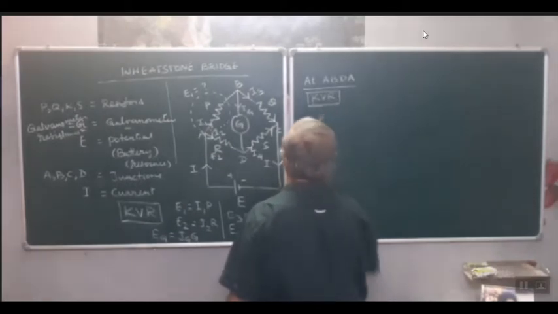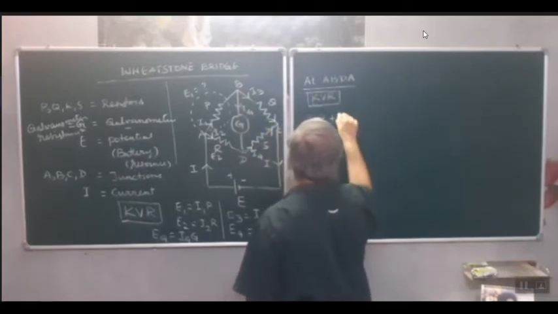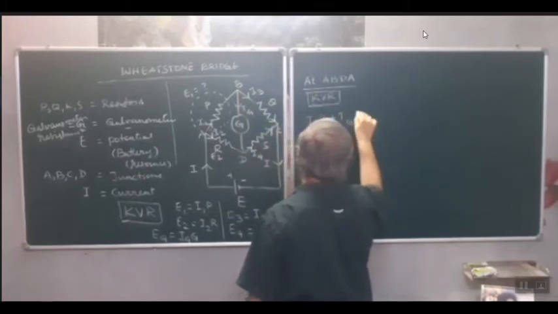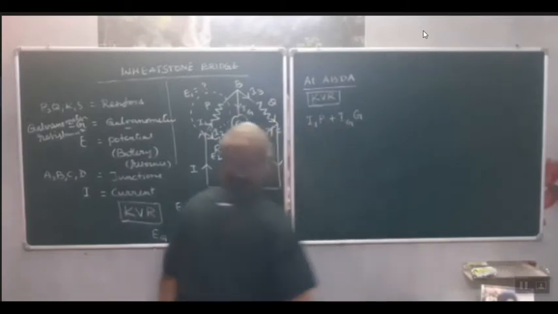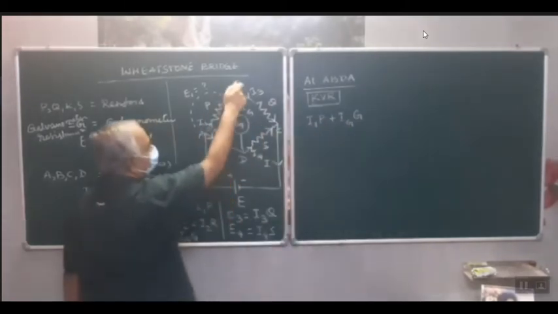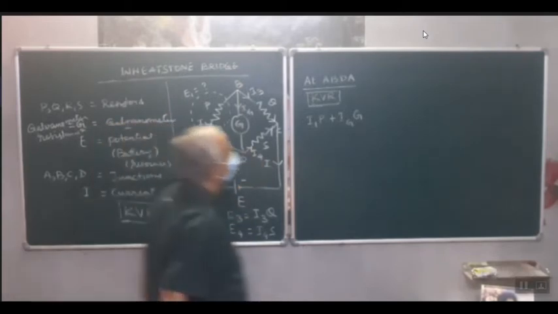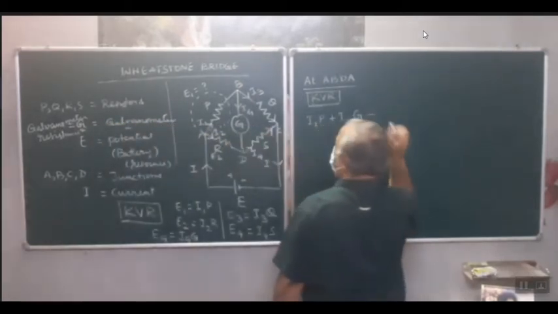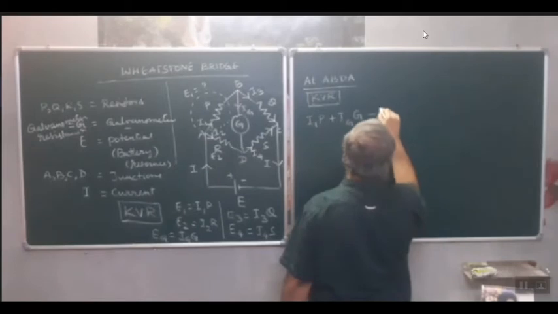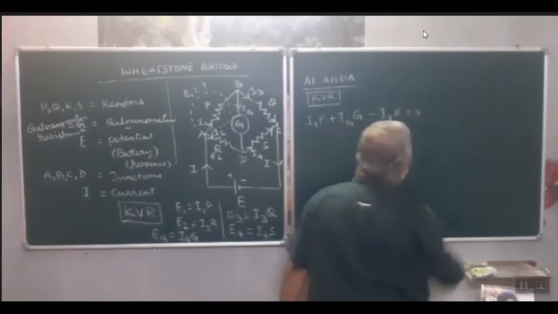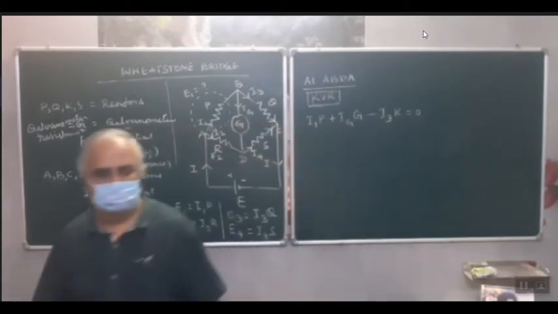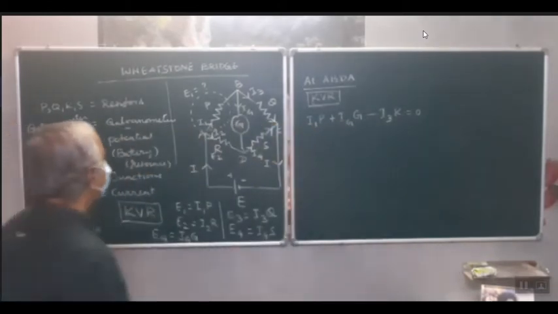So let us apply the KVR: the product of I1 and P, that is I1P, plus IgG, but in the third case the current is going in the reverse direction, so we have to put minus I2 into R, is equal to 0.